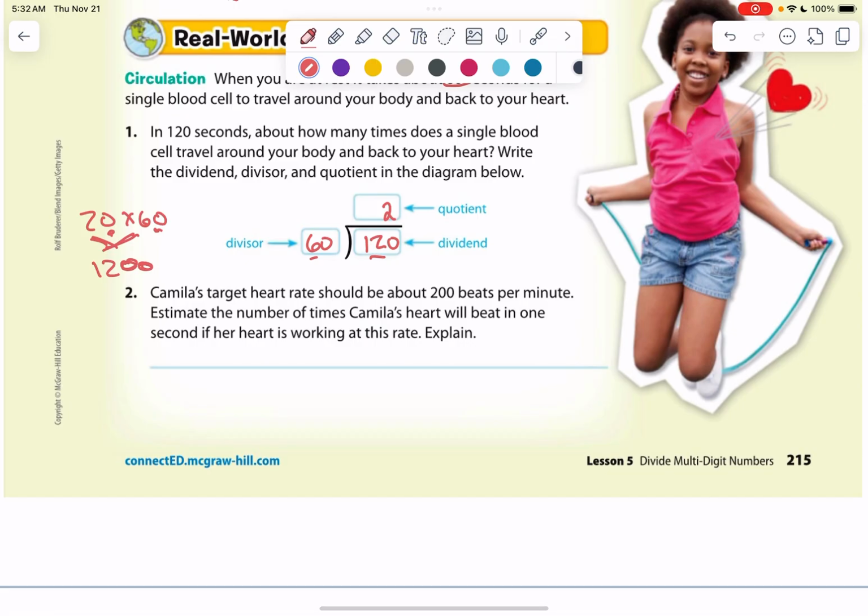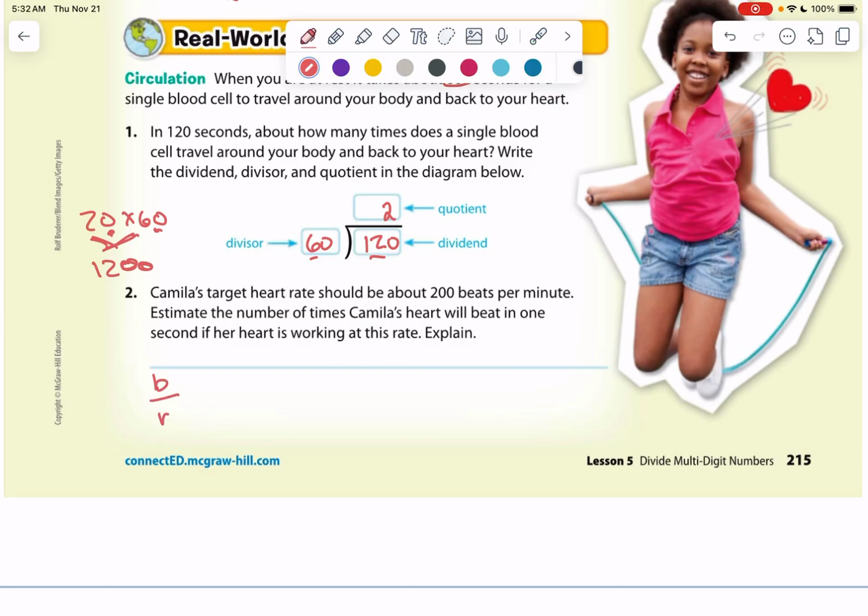It says Camilla's target heart rate should be about 200 beats per minute. Estimate the number of times Camilla's heart will beat in 1 second if her heart is working at this rate. Okay, so 200 beats per minute.